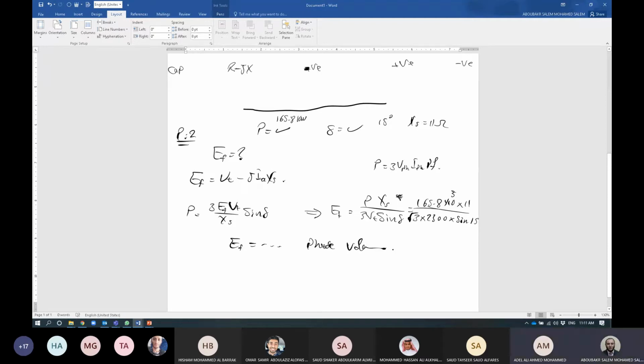Why didn't we say that sine delta should be negative? Is it going to be different? Sine 15, sine minus 15, what will be the difference now? It will just be minus. Is it logical?